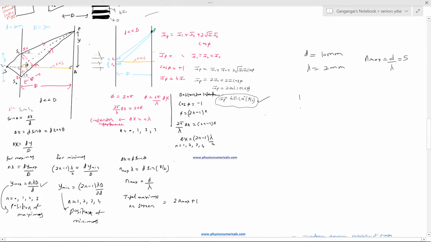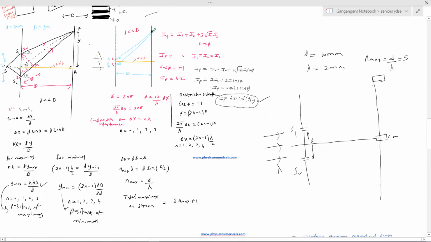In the YDSE setup, what we notice is this: S1, S2, and D is this distance, and this is the wavelength lambda. We get the central maxima, which I will show like this. Next, the fifth one, with n equal to 5, will be at infinity.